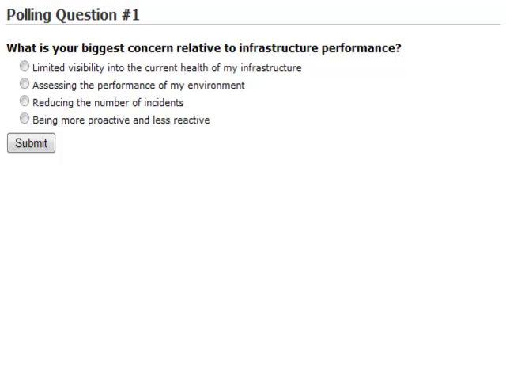Is it assessing the performance of my environment, reducing the number of incidents, or being more proactive and less reactive? And so if you would, mark your ballots now. We're going to give you just a moment to do that, and while we're doing that, so what do you find is the predominant concern as you're out there in the industry?